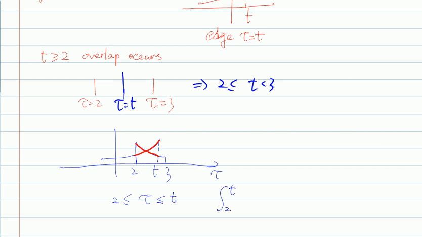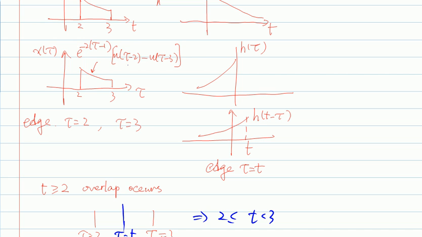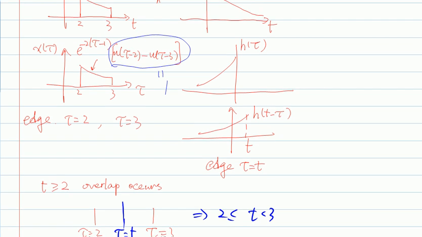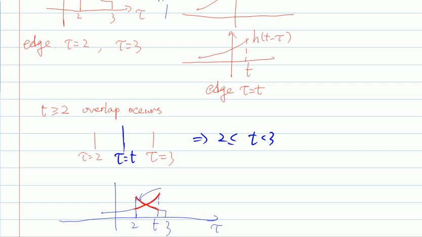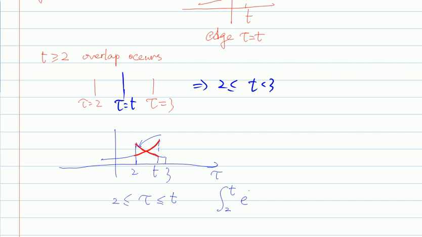So bear in mind, what is the product of the two graphs? This one here is given at the top, but since your tau is between 2 and t, you don't really have to worry about this anymore, because between tau equals 2 and t, this whole portion equals 1. So for the product of these two graphs, essentially just that portion, which is e to the power of negative 2 tau minus 1.